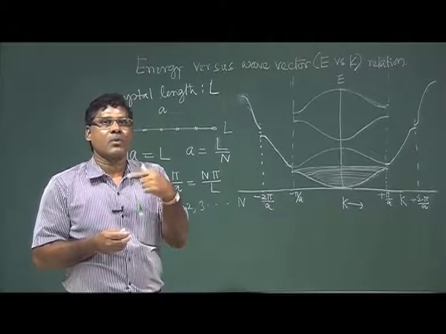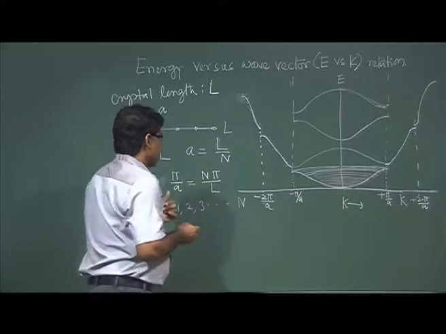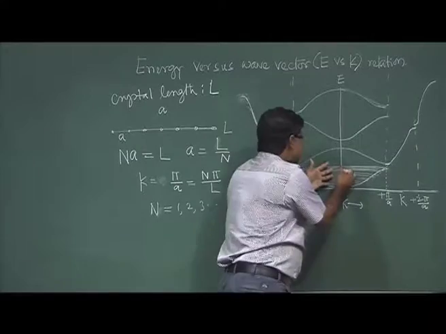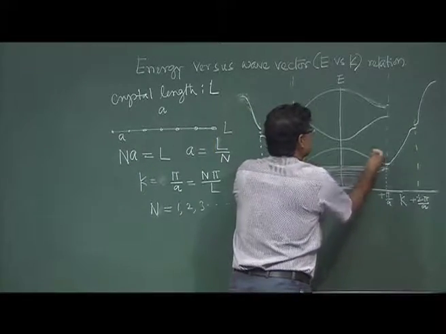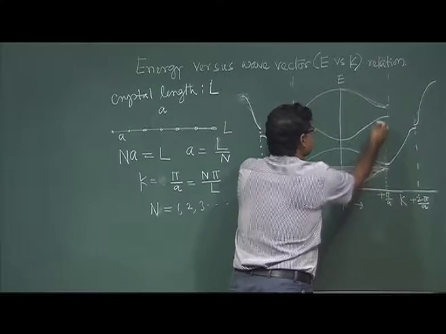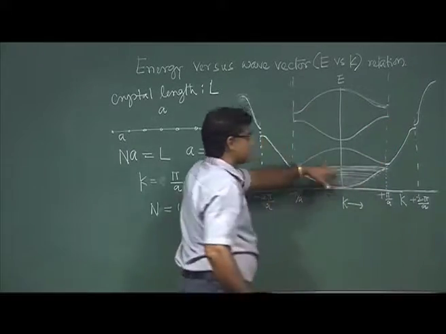So it will contribute one electron to the system. And this is valid for the second band, third band, or second Brillouin zone, third Brillouin zone.